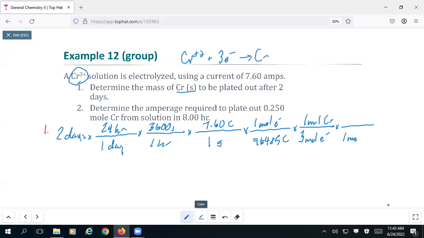And every mole of chromium weighs 52 grams.